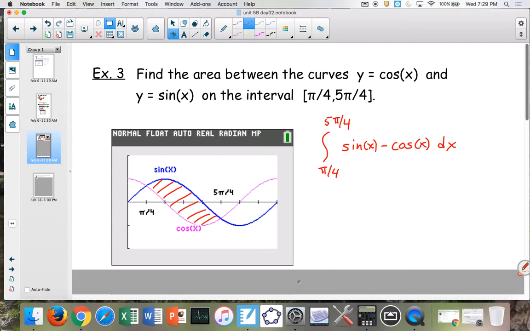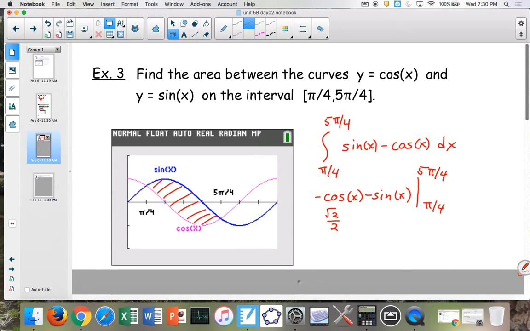So we can calculate this by hand, or we can use our calculator. Let's do this one by hand if we can do it quickly. Antiderivatives. All right, cosine of 5 pi over 4 is negative root 2 over 2, but there's a negative, so it's positive root 2 over 2.